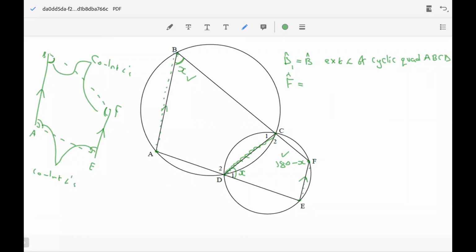There we go. But then, angle F should equal 180 degrees minus angle D1. Why? Because these are the opposite angles of our cyclic quadrilateral CDEF.